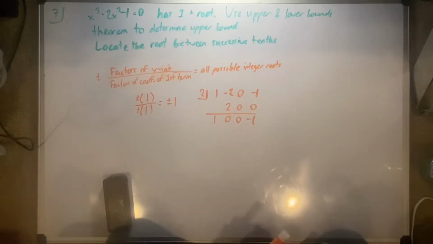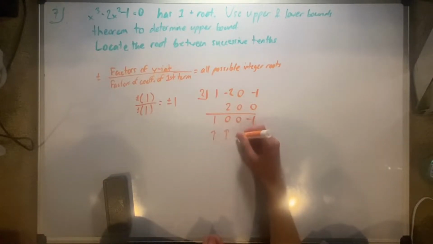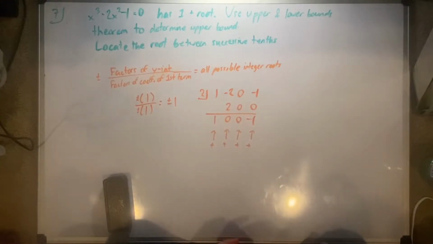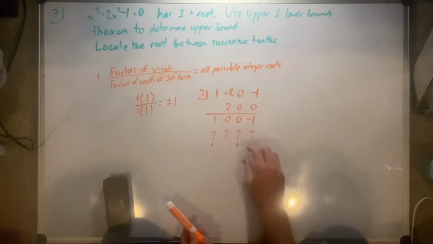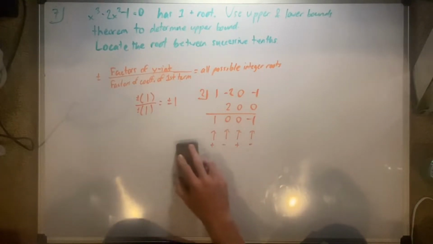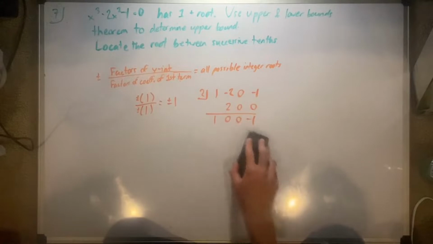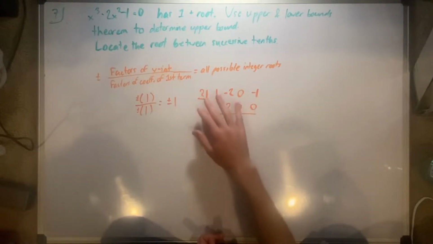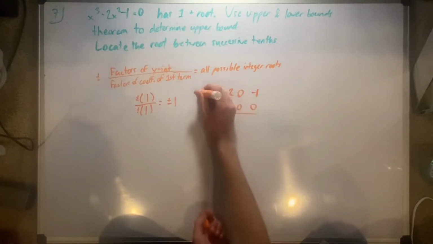Our upper bound is classified for when all of our answers are positive. That's an upper bound. We know it's a lower bound when this alternates between negatives and positives. Zeros don't count as positive or negative. So now let's try a 3 to see what we can find.